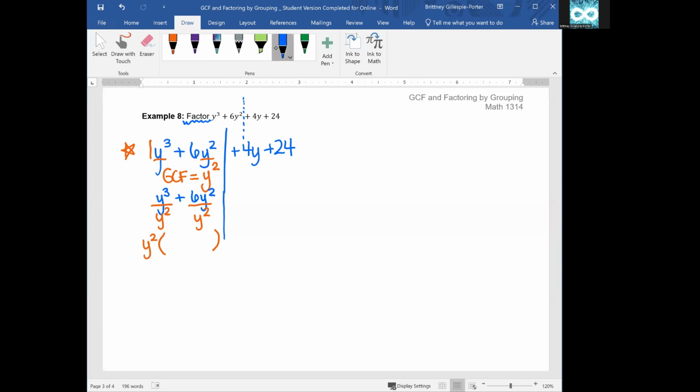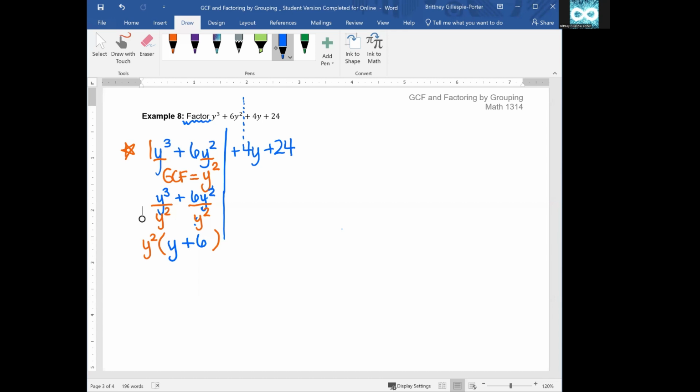And we're going to put our division answer inside the parentheses. So y cubed over y squared, 3 minus 2 gets us 1, so y to the first. Bring down our plus. 6 divided by 1 is 6, and then my y squareds cancel. Remember, if you don't want to write y to the first, you can just write y. That's the same thing.